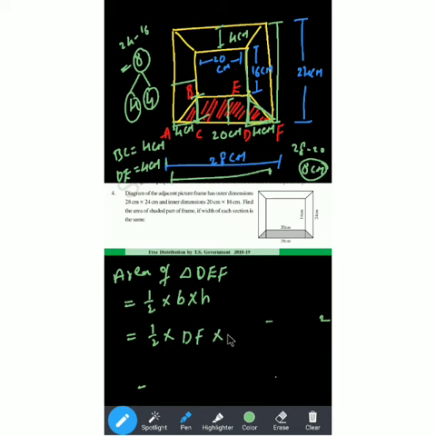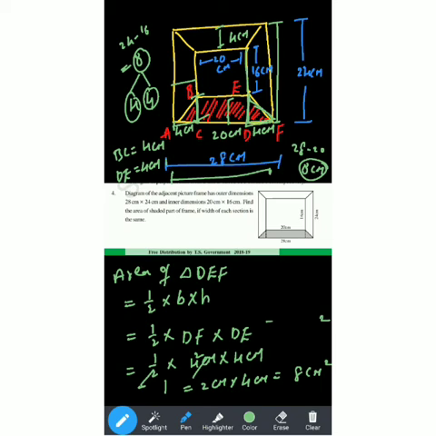The base is DF, which is 4 centimeter, and the height is DE, which is also 4 centimeter. So 2 centimeter into 4 centimeter, that is 8 centimeter square, which is the area of the triangle DEF.